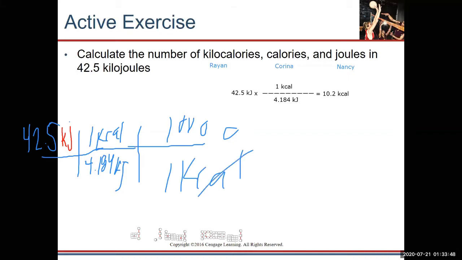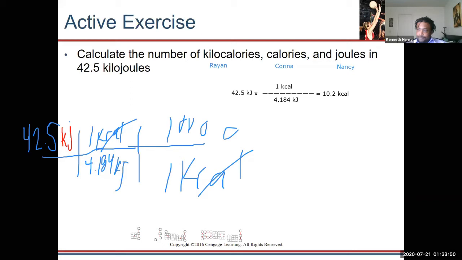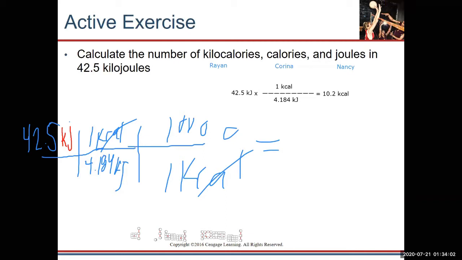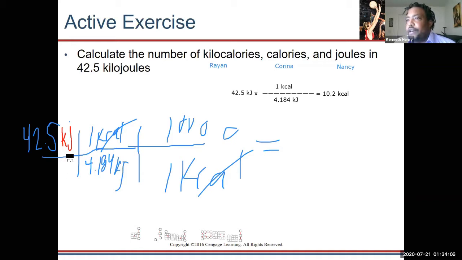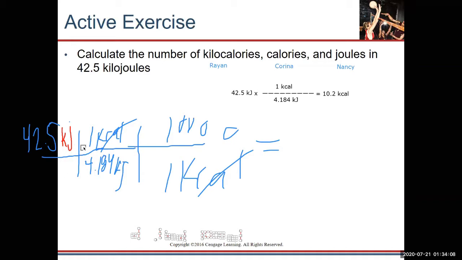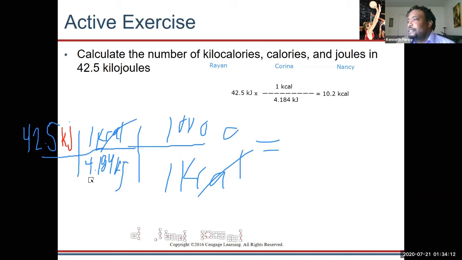And then these would cross out, right? Mm-hmm. And then I can't see the front part. It was 4.25. Yep. So then you do 4.25 times 1,000 divided by 4.184. That is correct. Okay.